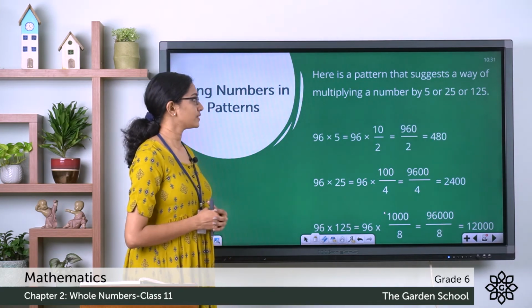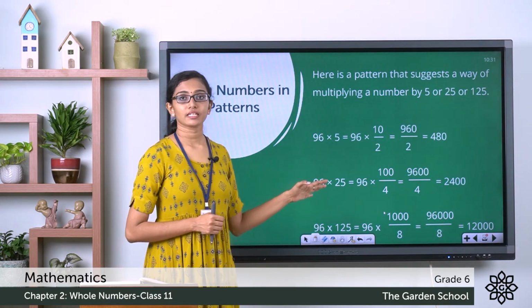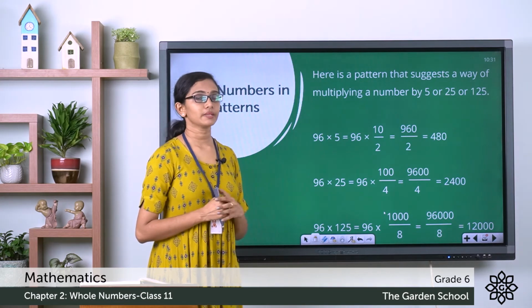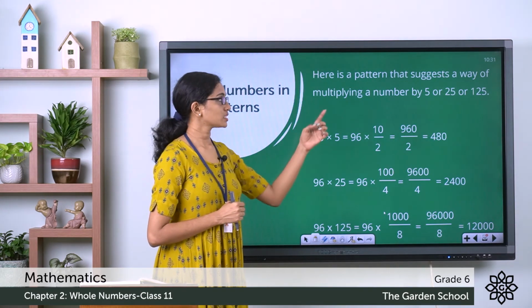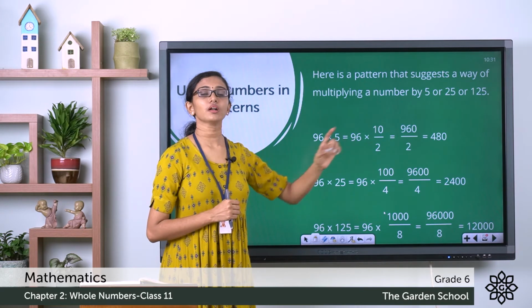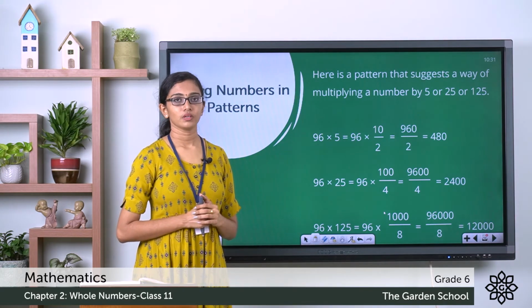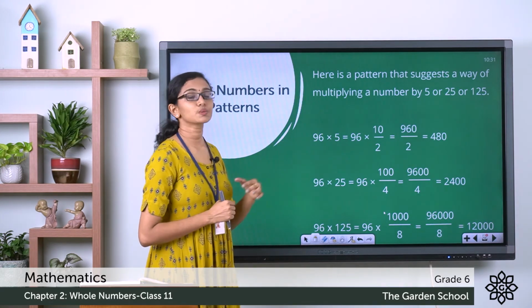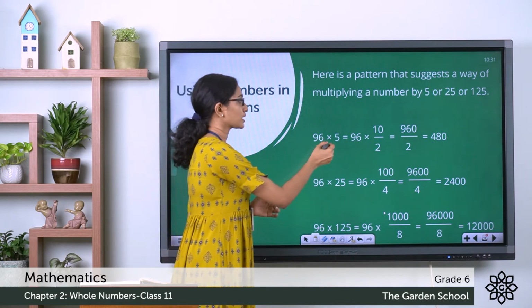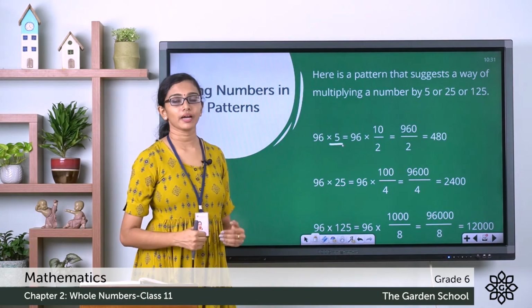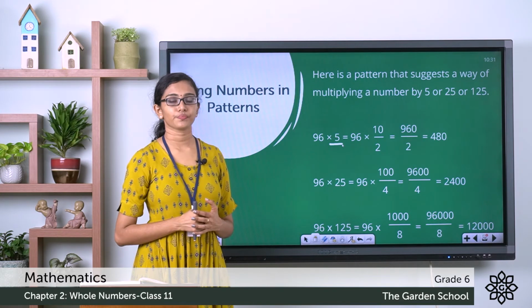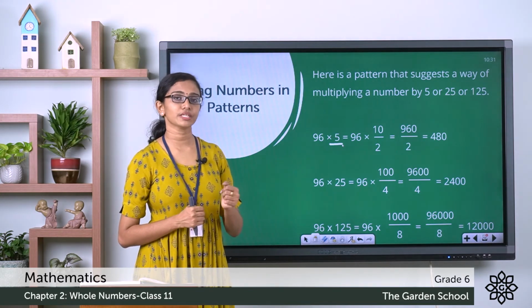Now a different case. This pattern is going to help you with multiplication by numbers such as 5, 25 or 125. So if I am multiplying 96 by 5, I am going to rewrite this 5 as 10 by 2, or 10 divided by 2. What is 10 divided by 2? It is equal to 5.